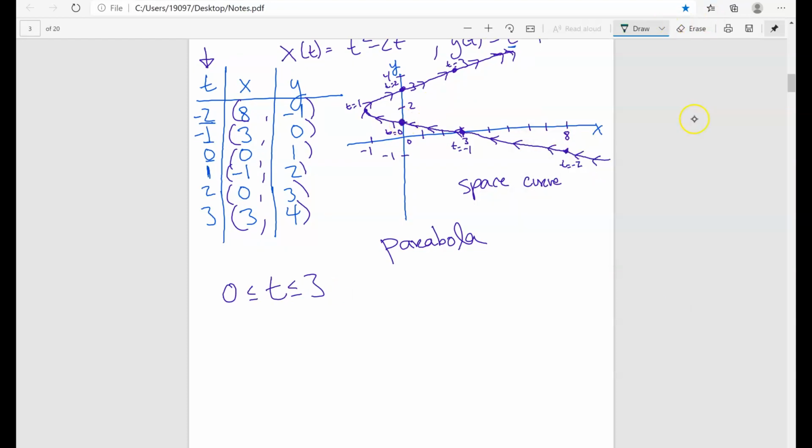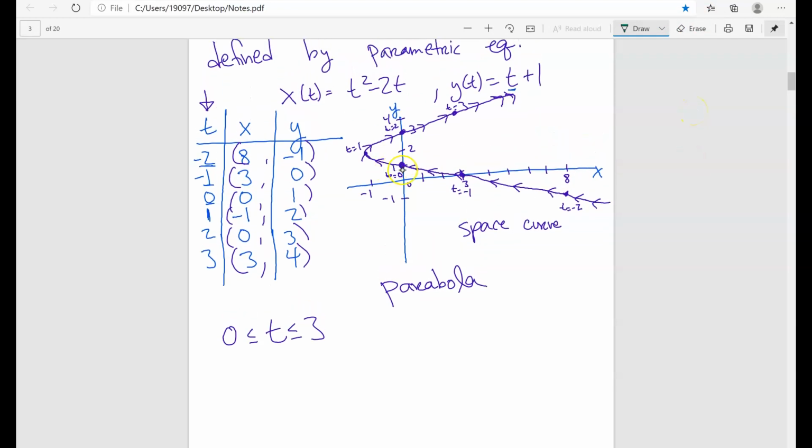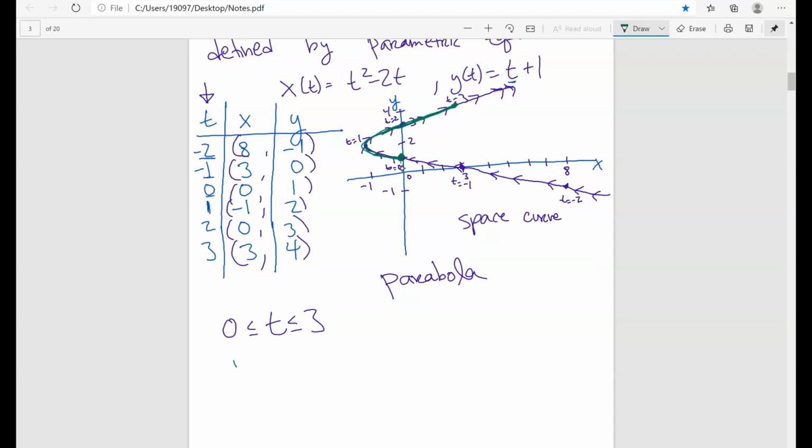If there are particular values that they want, then the graph is going to be shaded from 0 all the way to 3. So this graph would be the one that I would want if there was a restriction on t. Now, sometimes they're going to ask for it, sometimes they're not. So if you have 0 to 3, then you're only restricted to the values from 0 to 3. But if there's no restriction, then you can plug in any values of t that you want.